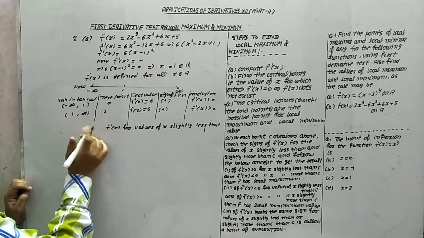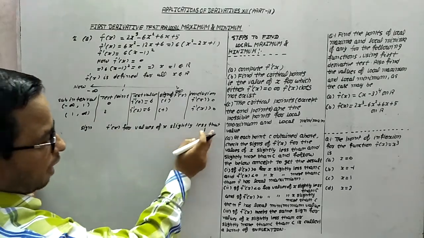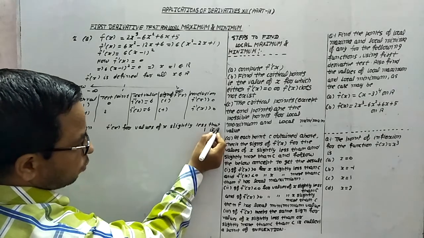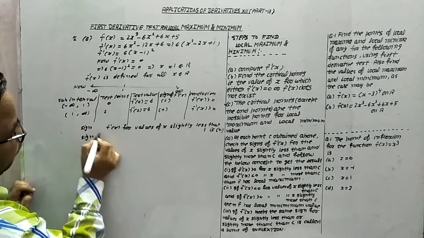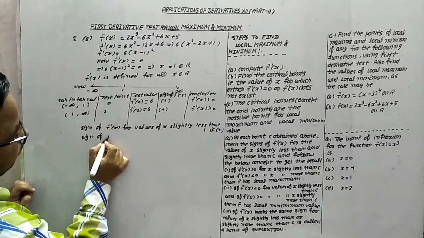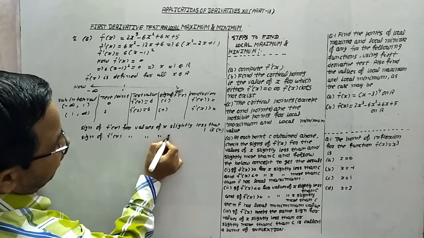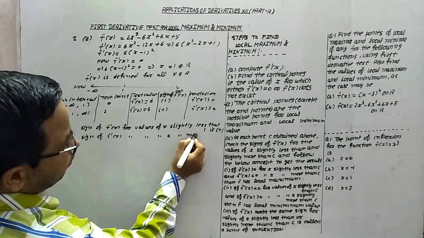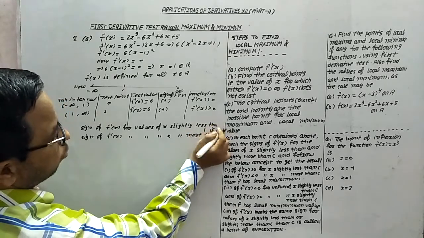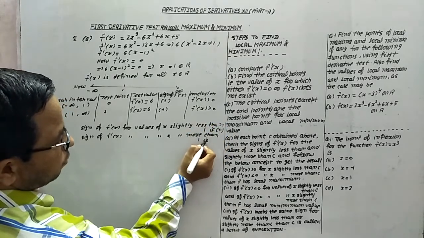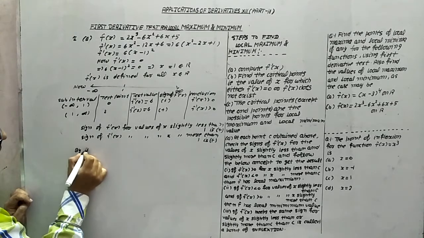So we can say sign of f dash x for values of x slightly less than 1 is positive, and sign of f dash x for values of x slightly more than 1 is positive.